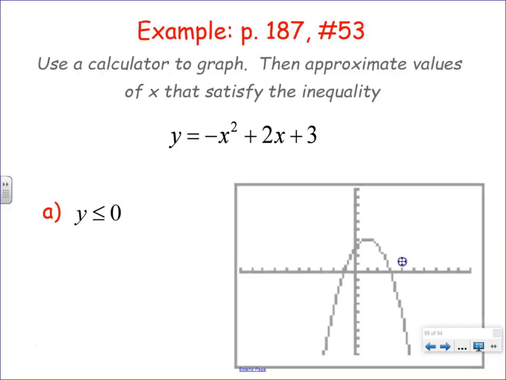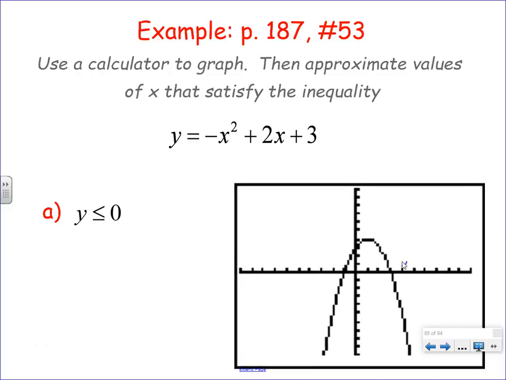So if I did graph him, question, where is he below? Below slash on. Why do I say slash on? Because it says or equal to. Sure looks like that part. And how would we describe that part?